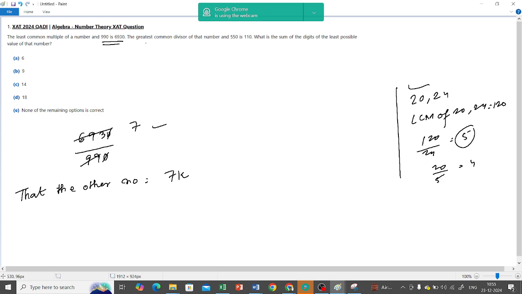Now it is given that the GCD of that number and 550 is 110. That means 550 and this number 7k are divisible by 110.